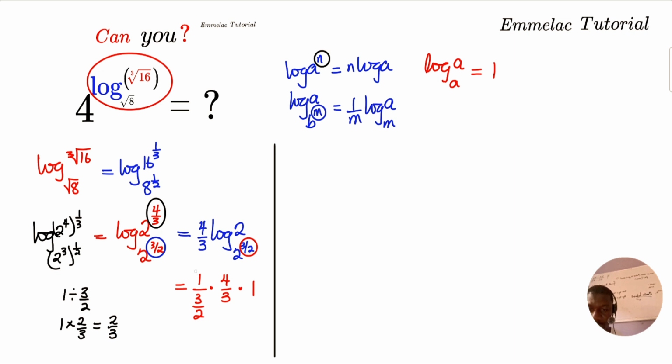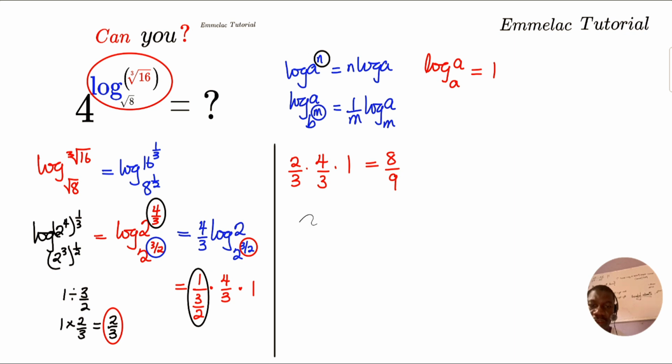So the whole of this becomes 2 over 3. We then have 2 over 3 times 4 over 3 times 1, which gives us 8 over 9. So the whole of this exponent, which represents the log, is 8 over 9.